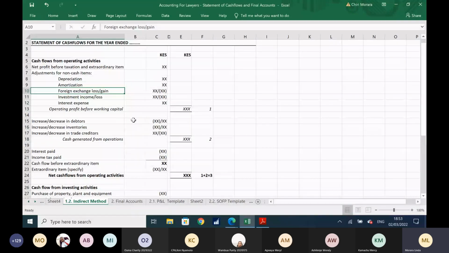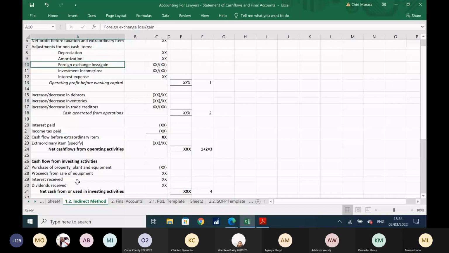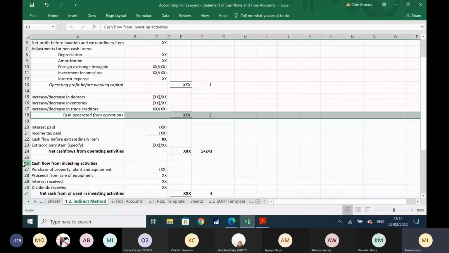And then your investment income or loss, you'll be adding it back, right? Because you'd be adjusting for that, since you already have a category for investment further down. So you're just saying that this is in the wrong category. That is why I need to adjust for it, because it will come down here.